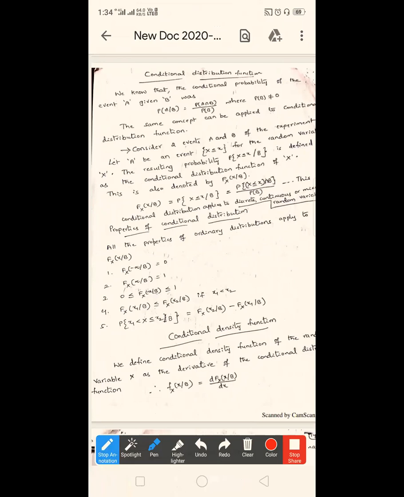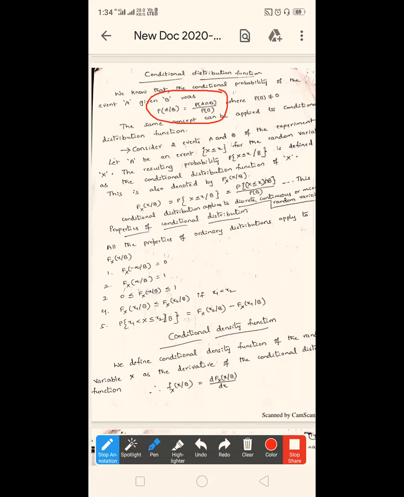Here formula is given for you. Probability of A given B is equal to probability of A intersection B divided by probability of B, where probability of B not equal to 0. So this is the formula for conditional probability.